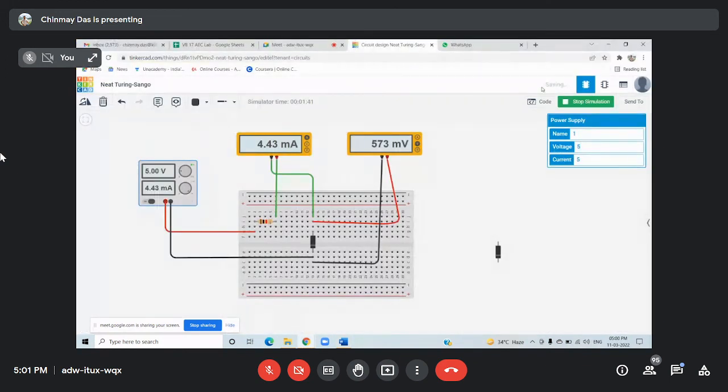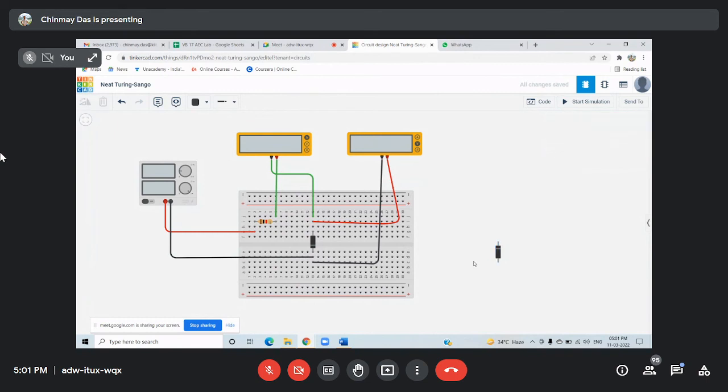So stop the simulation, select and delete this. Place the Zener diode in place of this, but make sure you reverse the direction. Take the input voltage and note down the output voltage and output current. For now, you can note down the values in Excel and plot the graph there. Later, while submitting the record, we'll plot the graph on a graph sheet.